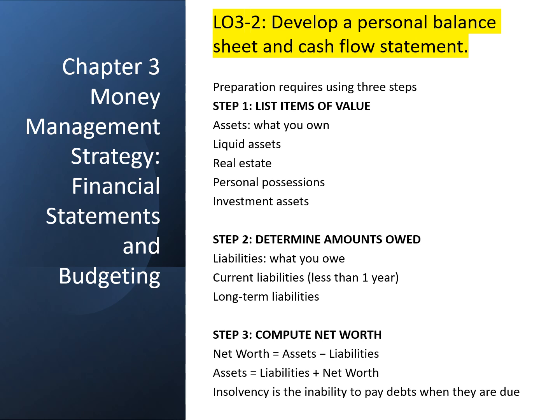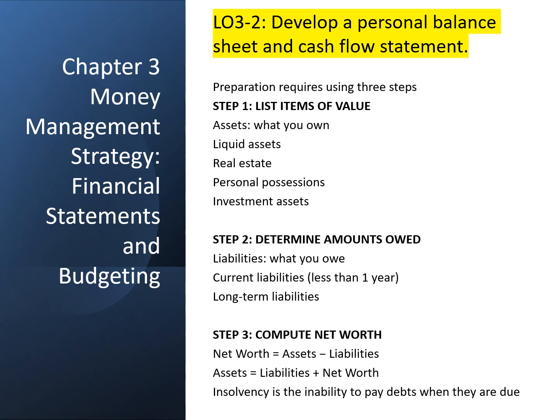Second, determine the amounts owed, the liabilities, such as what you owe on that home. Current liabilities would be less than 1 year, and longer term liabilities, like that home example, would be for a longer period of time. Computing net worth: net worth, or equity, is equal to assets minus liabilities. So assets are equal to liabilities plus net worth.